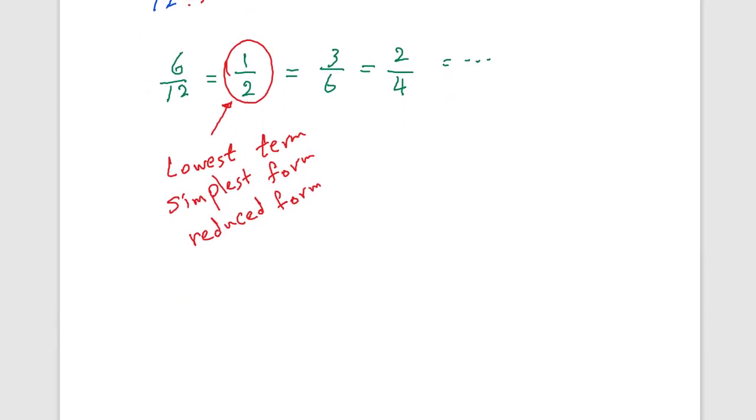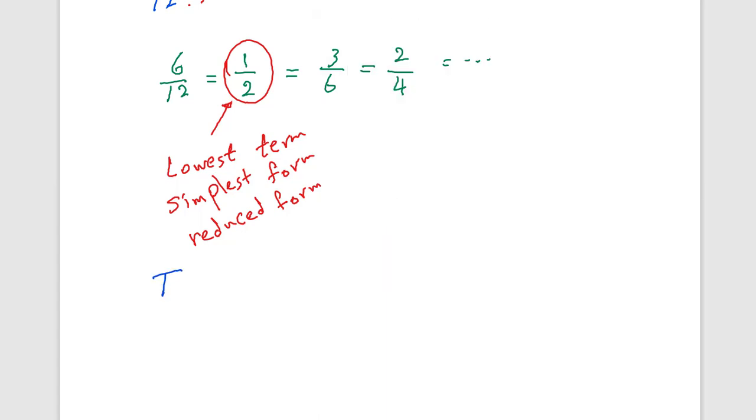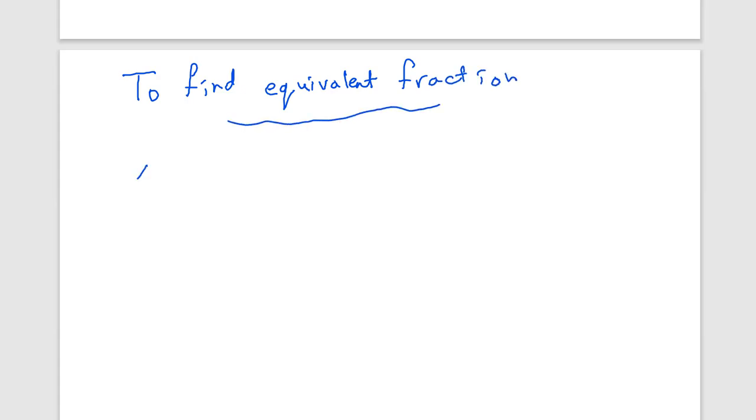So to summarize this, to find equivalent fractions, we can use two things. We can use multiplication, and we can use division.